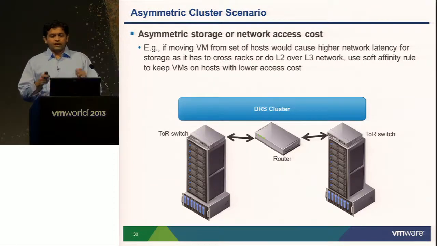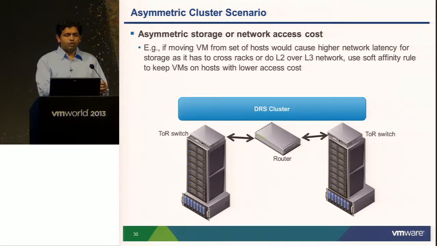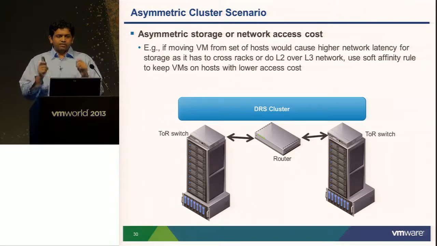You can also make a rule between a VM and host soft. What this means is that the group of VMs would be on the set of hosts as much as possible if it's an affinity rule. But if the VMs need resources and that can only be got by moving the VMs to another host that's not in the affinity set, then DRS would do it.